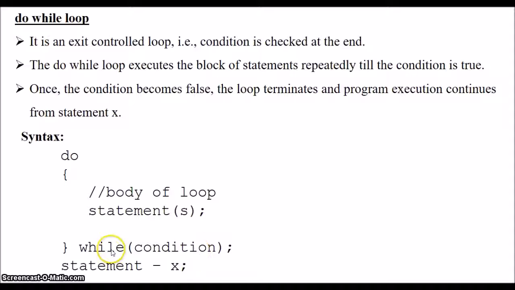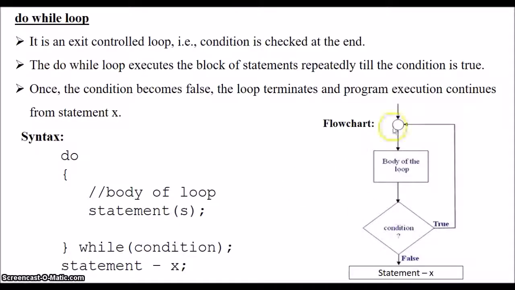The condition is true, go back and execute all the statements within the body of the loop. Again, when we are exiting from the loop, the condition is checked. That's why it is also called an exit control loop. Till this condition is true, all the statements within the do while loop are executed. Once the condition is false, the program execution continues from statement X.